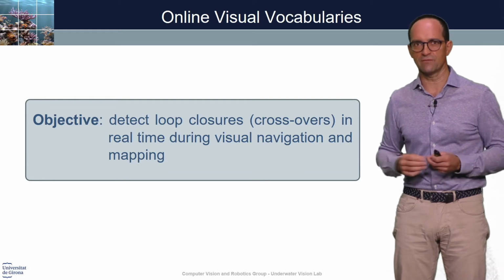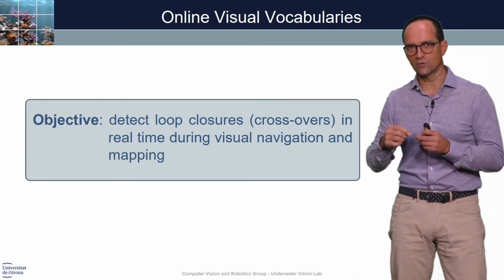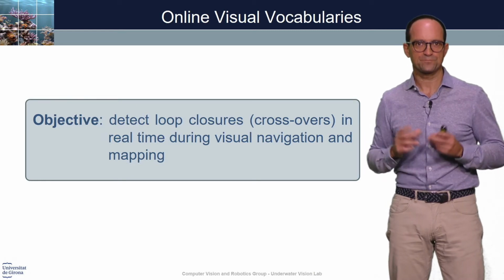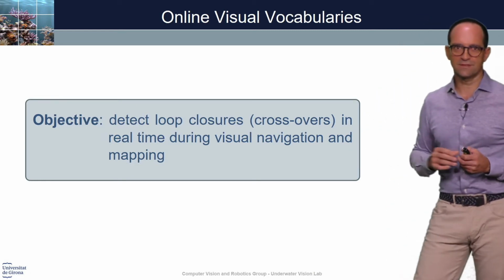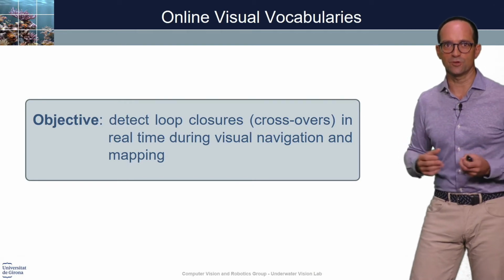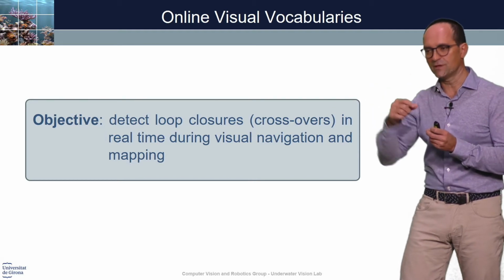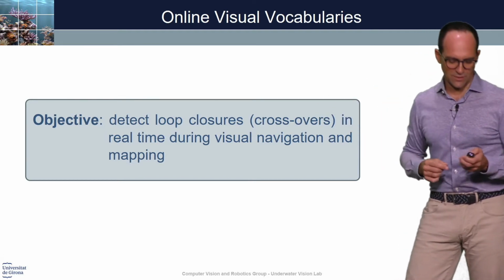Even if you're using navigation data, if you're using DVL, you're using INS, you're going to accumulate drift. Then one of the things that we need to solve is to detect loop closures, to be able to re-estimate the trajectory and then reduce the drift that you have in the full trajectory.